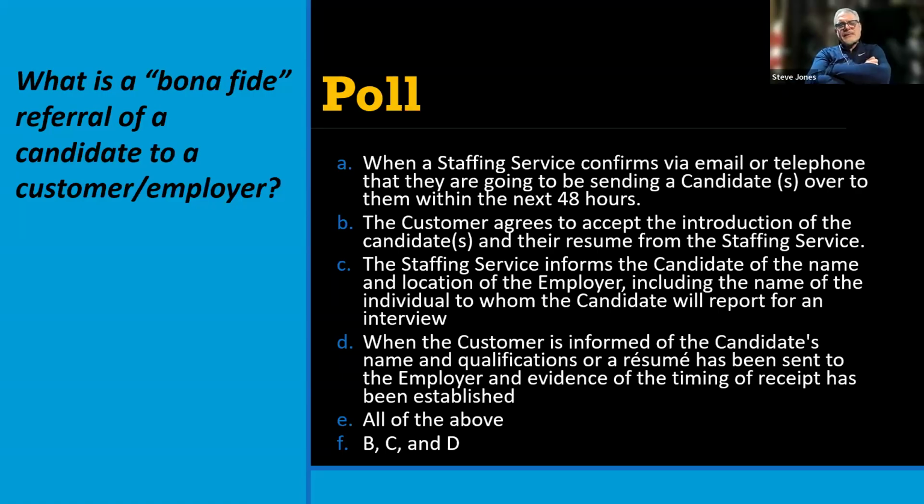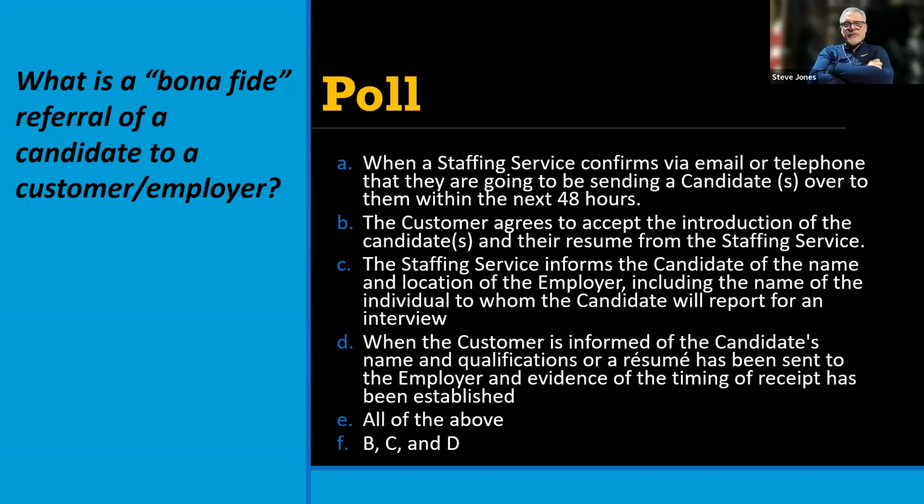The customer agrees to accept the introduction of the candidate and their resume with the staffing service. Well, that's important, that the customer says, yeah, we'll accept that resume. It hasn't been sent to us before by somebody else. And you've got the order. I've given you the order. You're an authorized supplier. So we'll accept your candidate. So that's important.